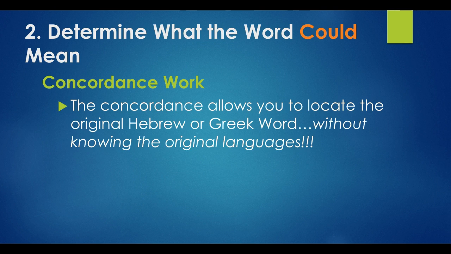Basically, every Greek word has been tagged to a unique number. If you're familiar with Strong's Concordance, the Strong's numbering system, basically every Greek word, every Hebrew word associates to a number. So paradidomai has a unique number in the Strong's Concordance.